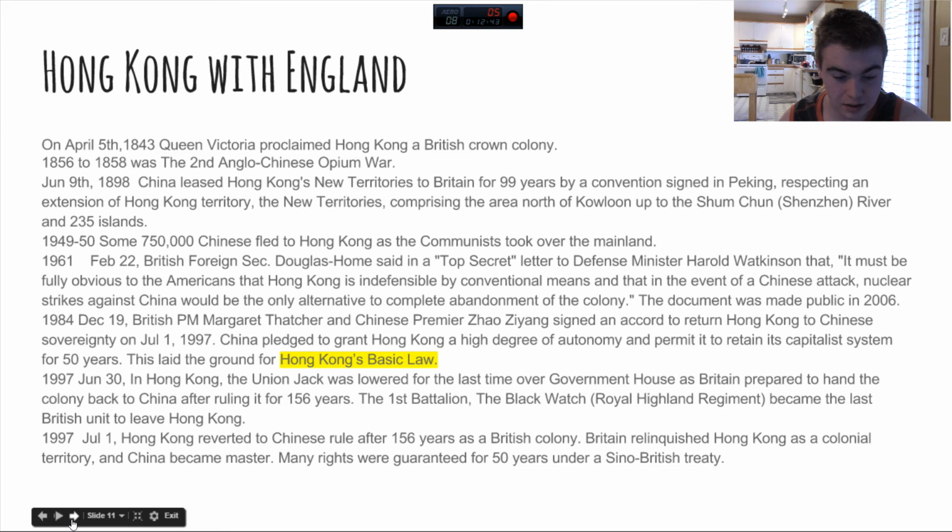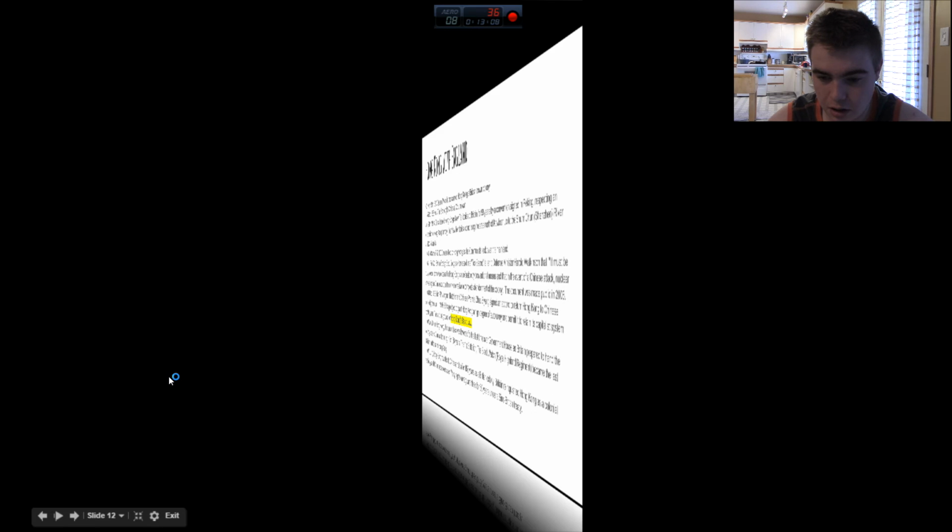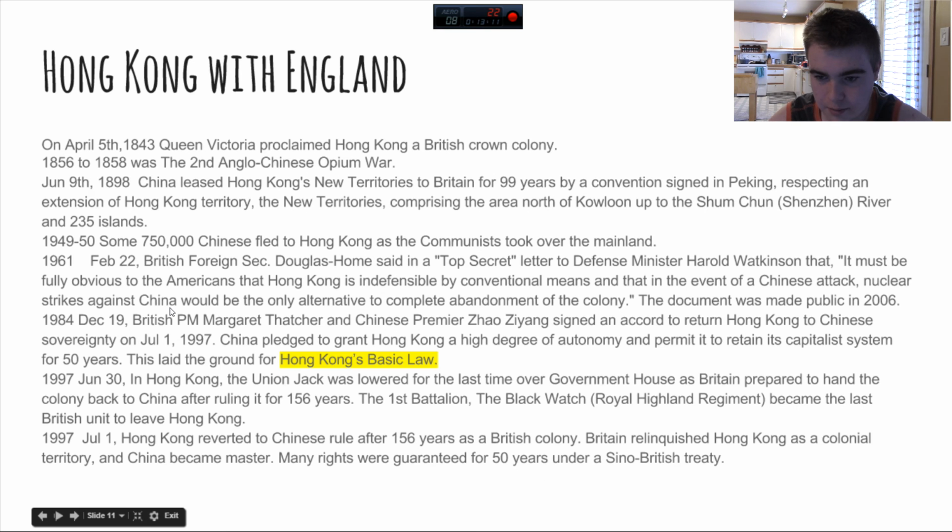The New Territories comprised the area north of Kowloon up to the Shumchun River and 235 islands.